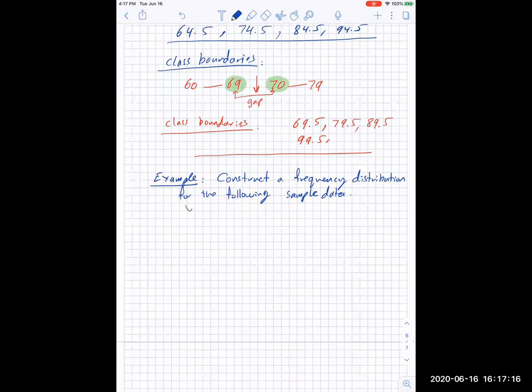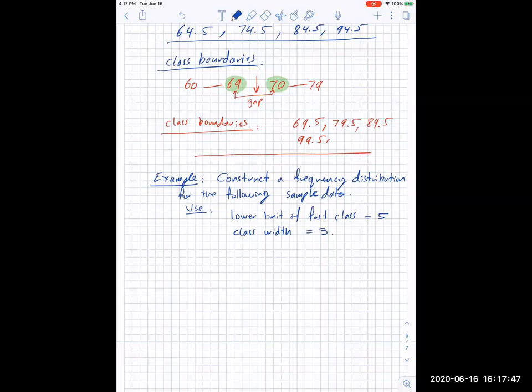Use the following: lower limit of first class is 5, class width is 3.